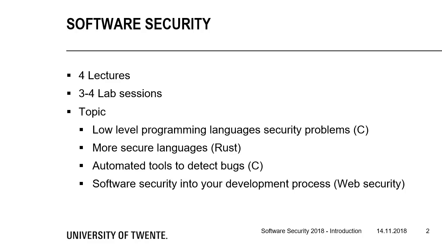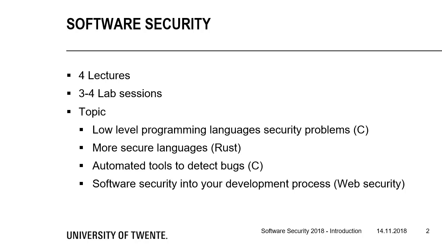C has been there for eternity, and there have been alternatives suggested to C. Rust is not the first alternative, but it seems to be the first language that could be a good alternative to C that is becoming widely adopted. In the second part of that lecture, we will talk about Rust and its advantages compared to C, and how you can create much safer code in Rust than in C.